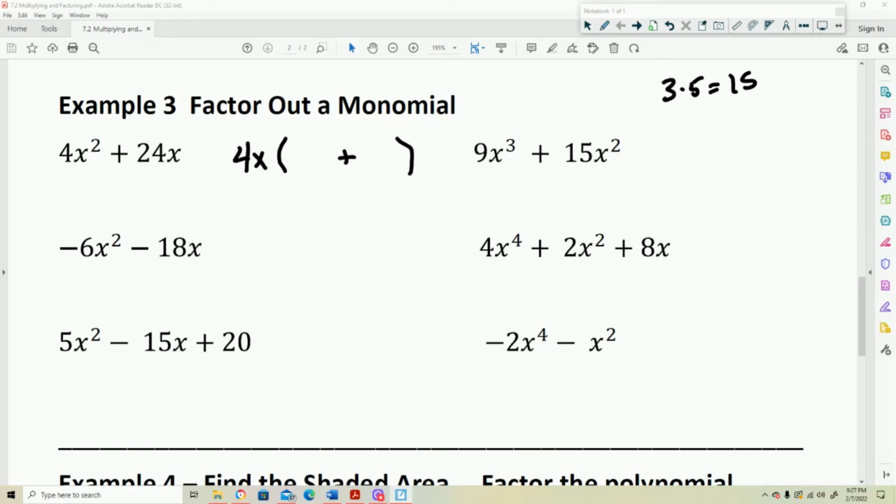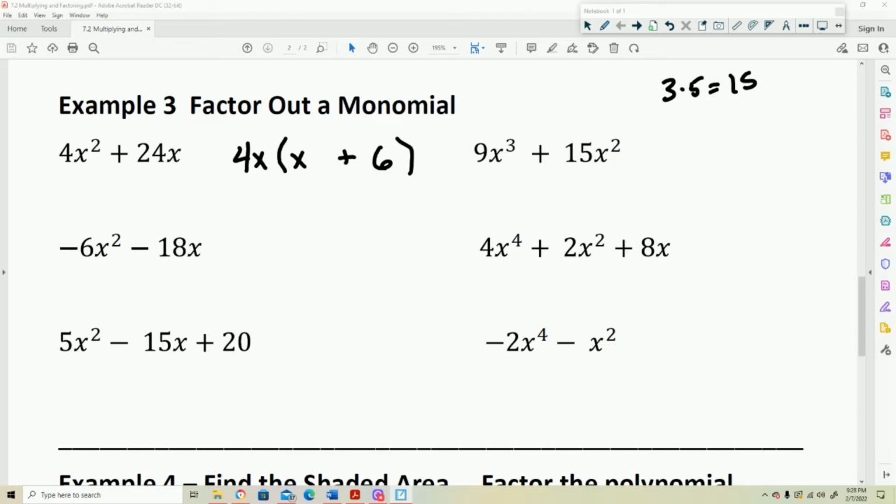If I divide 4x^2 by 4x, I just have an x left, because 4x times x is 4x^2. If I divide 24x by 4x, I just have a 6 left, because 4x times 6 is 24x. And this is the factored version of this. Again, we pulled out the GCF, and what was left over is inside the parentheses. So we're just working backwards here.